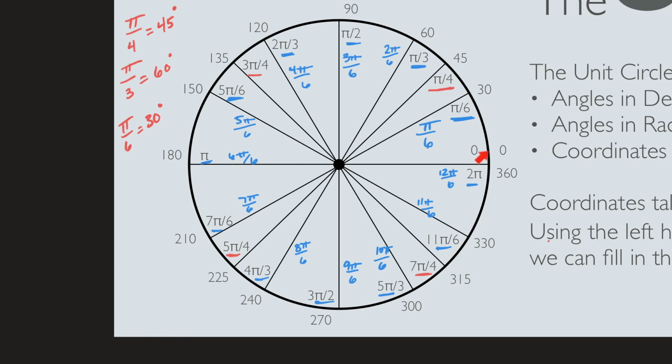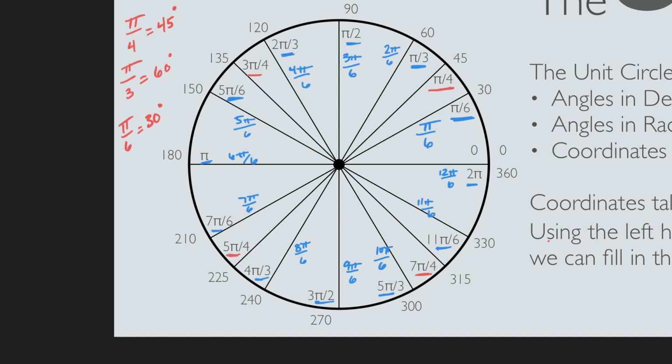So I'm leaving that part out. I'm going to assume you got that part down. So here we're going to say 1 pi over 6, 2 pi over 6, 3, 4, 5, 6, 7, 8, 9, 10, 11, 12.